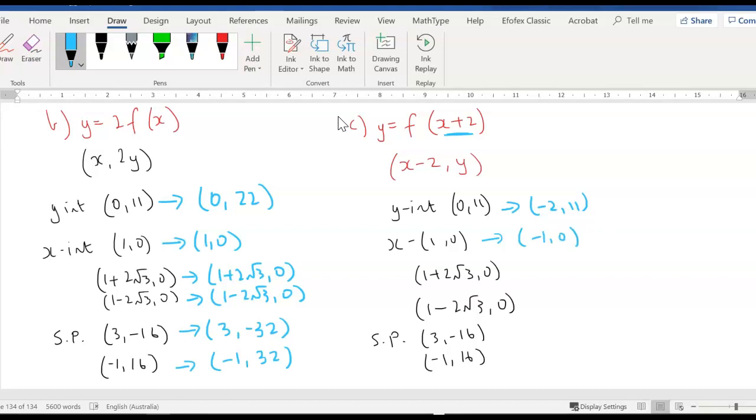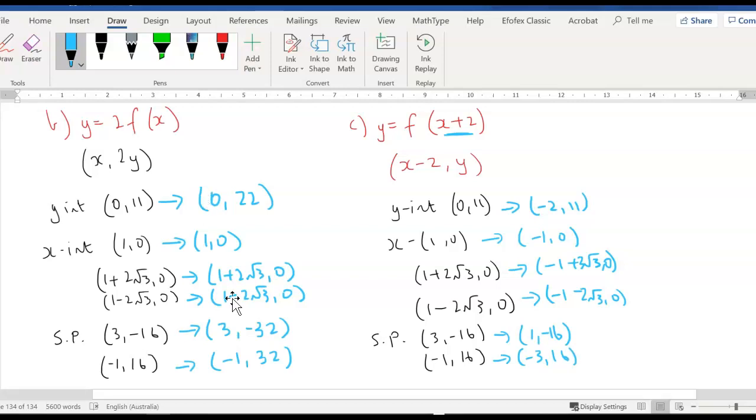Remember, the y coordinate stays the same. (1 minus 2 root 3, 0) now becomes (-1 minus 2 root 3, 0), and (1 plus 2 root 3, 0) becomes (-1 plus 2 root 3, 0). And quickly, the stationary points: that's going to be (1, -16), and this one's going to be (-3, 16). So you just have to think about how your x coordinate has changed.